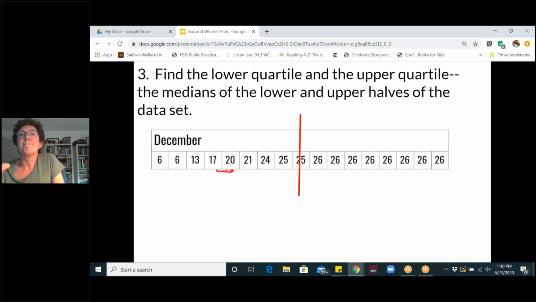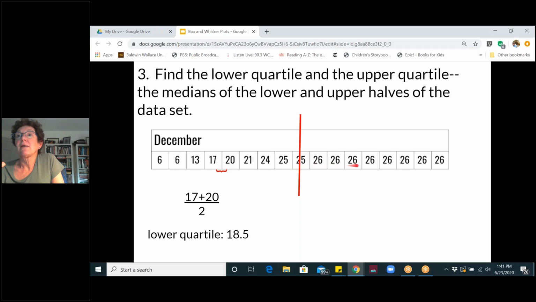So we're going to take the average of these 2 middle numbers, 17 plus 20, then divide that by 2. So our lower quartile is 18.5, and that makes sense because 18.5 is right in the middle between 17 and 20. So good. Our arithmetic checks out.